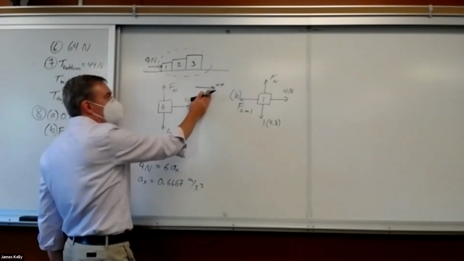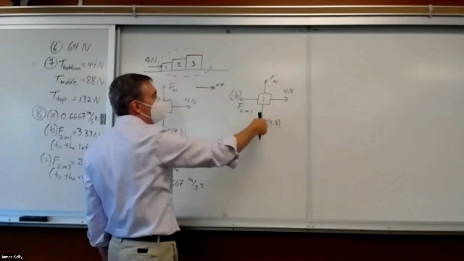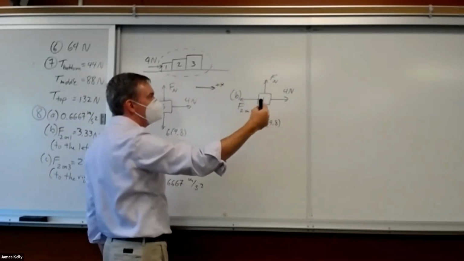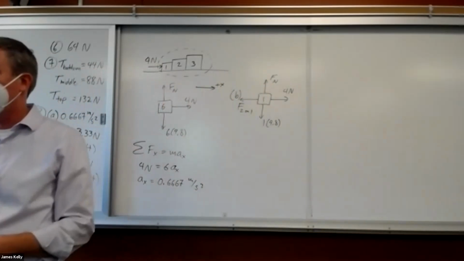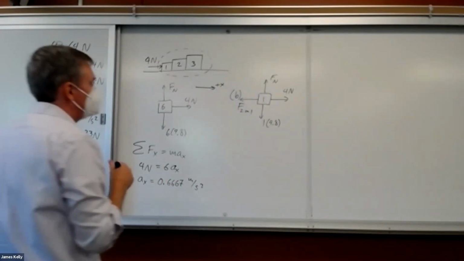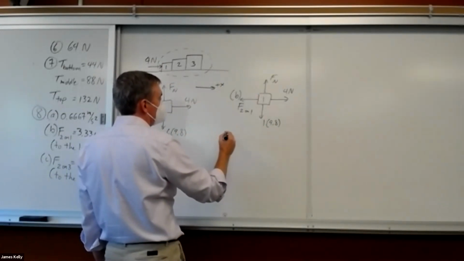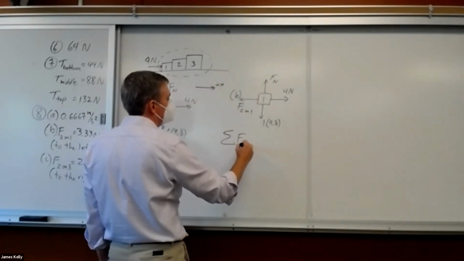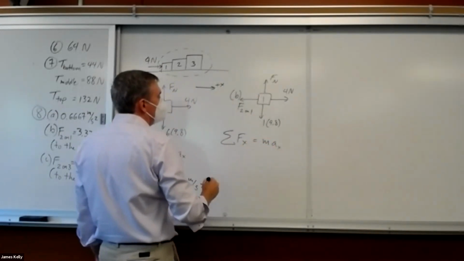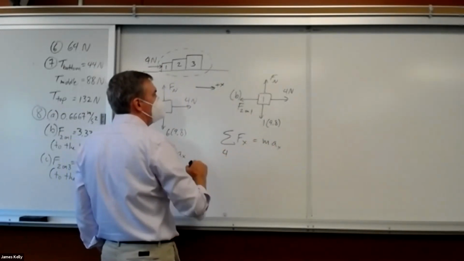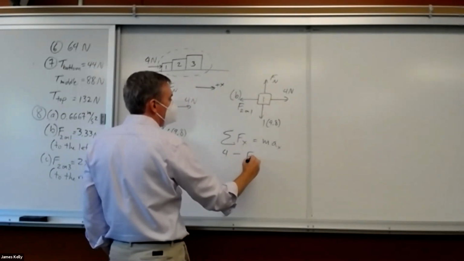I've already got an x-axis here. Nothing interesting going on in y: if we did sum of the force y components equals m a_y, a_y is 0, and that means the normal force balances out the weight force. But we're interested in the x direction where it is accelerating. So let's do the sum of the force x components, with the same x-axis as before. 4 newtons comes in with a plus sign. F2 on 1 comes in with a minus sign.